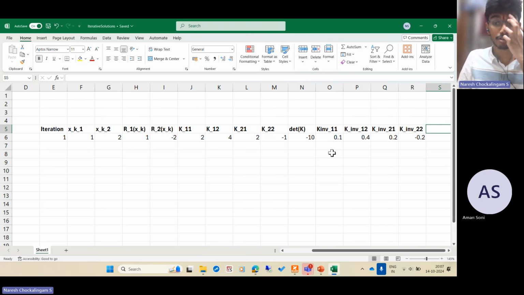Now finally we have to multiply this with the negative of the residual and get the u.